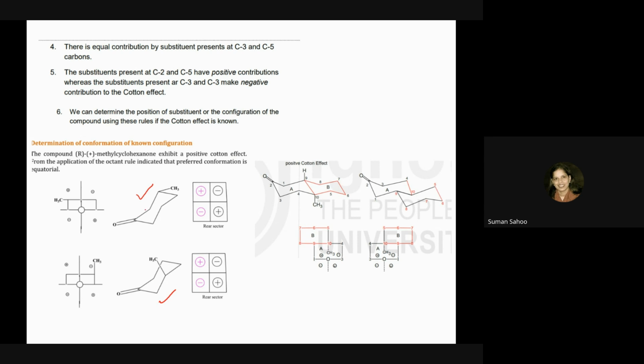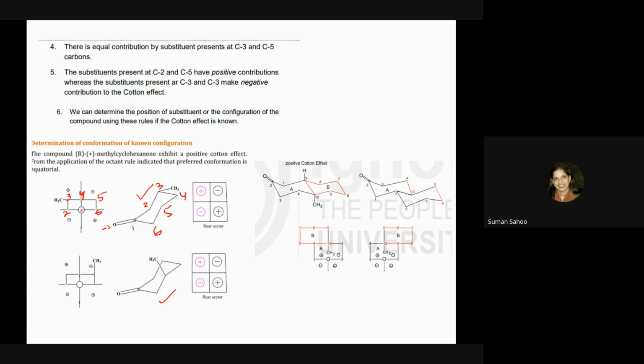So we will see from these two. When we are viewing it from this direction, if this is your carbon number 1, this is 2, 3, 4, 5, and 6. Carbon number 1, here we put oxygen, and on the left-hand side we have 2 and 3. Then here you have 4, this is 5, this is 6, and at carbon 3 you have a methyl here in your equatorial position.